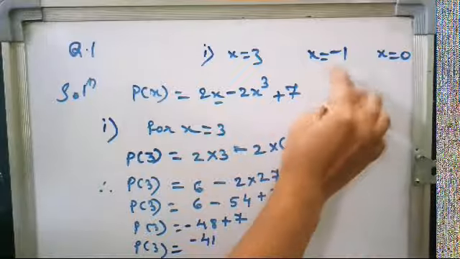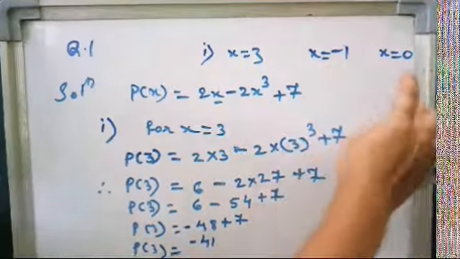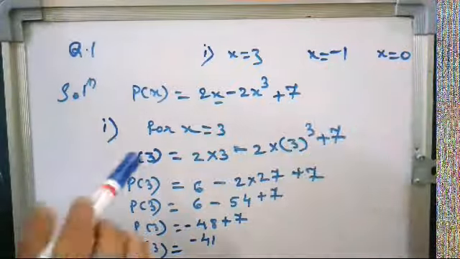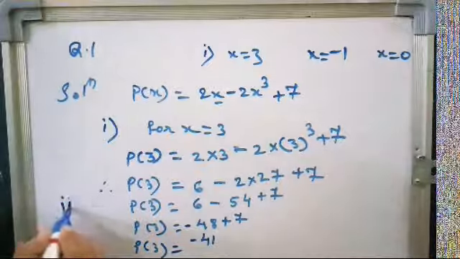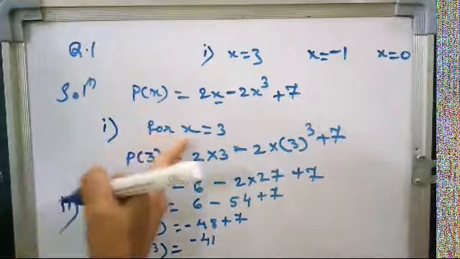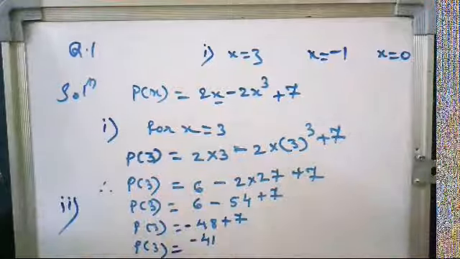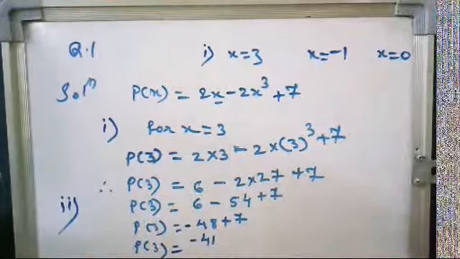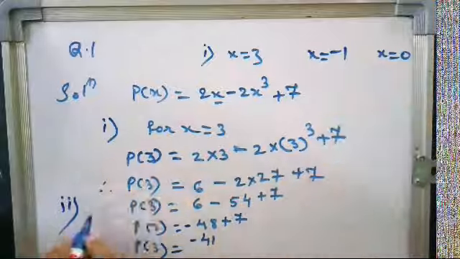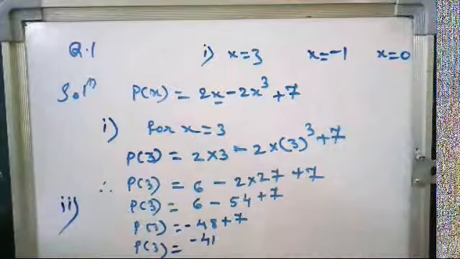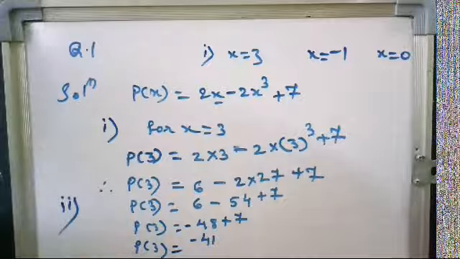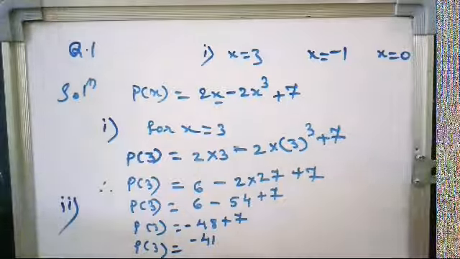Like this you have to find out for x is equal to minus 1 as well as x is equal to 0. So in the second one you will write for x is equal to minus 1, substitute minus 1 everywhere and find out the value of that, and in the third also you have to substitute the value of x is equal to 0 and find out the value of the polynomial equation.